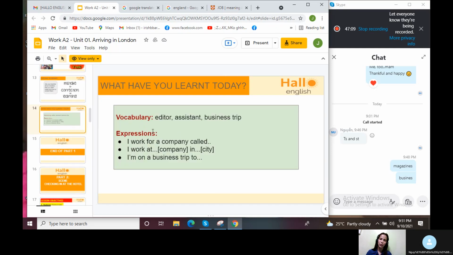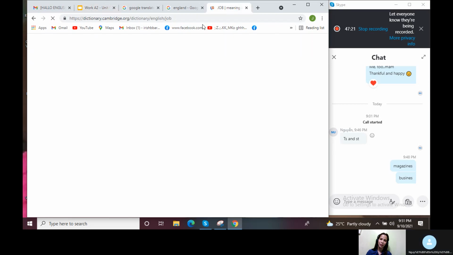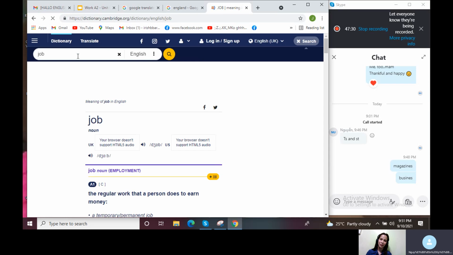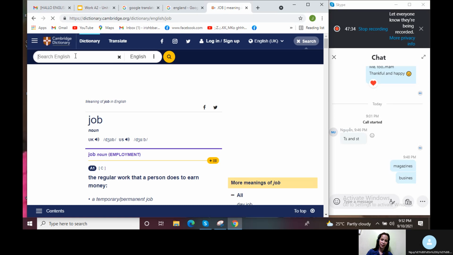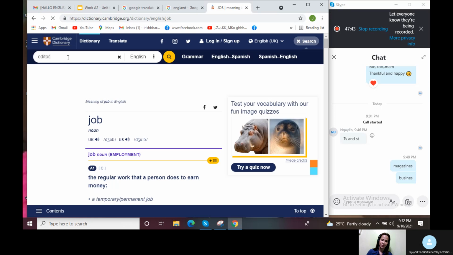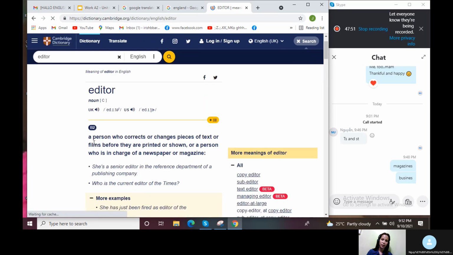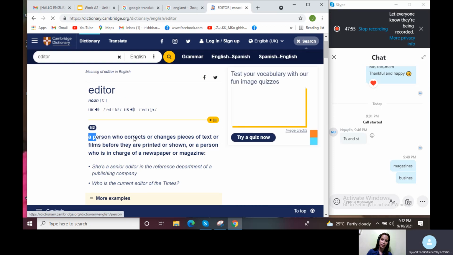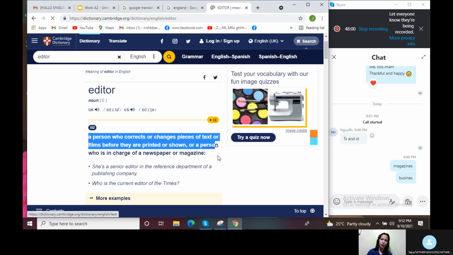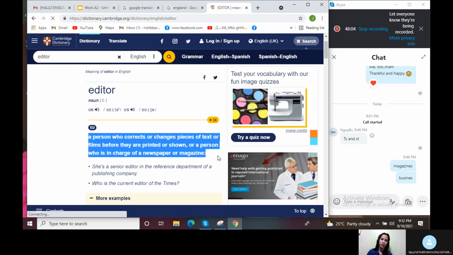So what have you learned today, Rose? Vocabulary of editor. Editor, a sentence, or a business trip. Editor. Yes, right. So editor: a person who corrects or changes pieces of text or films before they are printed or shown, or a person who is in charge of a newspaper or magazine.